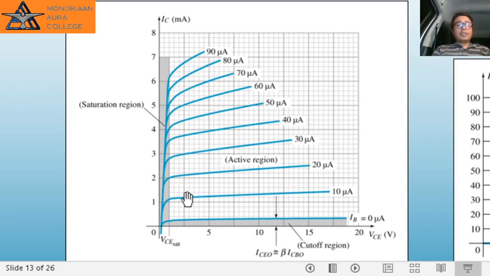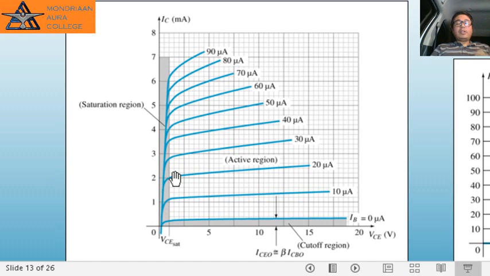Dito tayo concerned. Dito sa white part na to, no? So this is your linear amplification region, or also known as the active region. As you notice, compared with the graph of your common base dito sa ating common emitter, hindi horizontal yung graph natin. Unlike dun sa common base, di ba, straight na straight yan. Kapag na-reach na yung saturation, straight na yan.